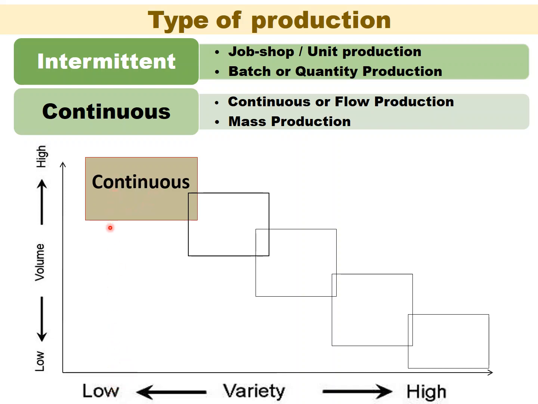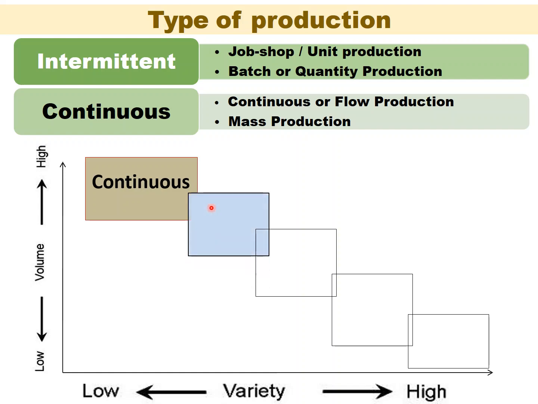Here the variety is very low, that means the products are produced in high volume with less variety. So continuous production will be there. That's why it's called continuous flow production or flow production.